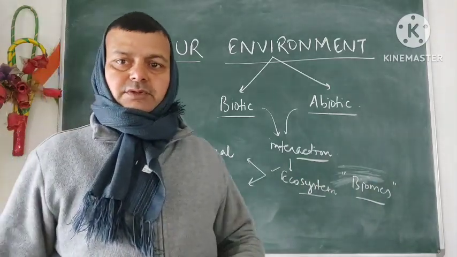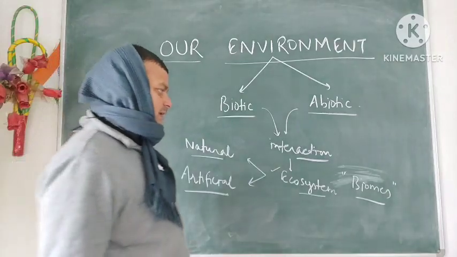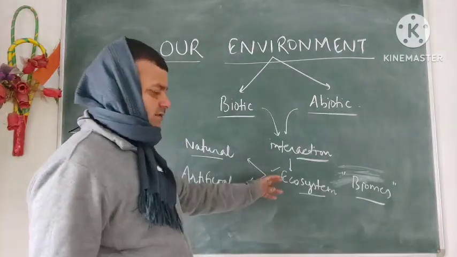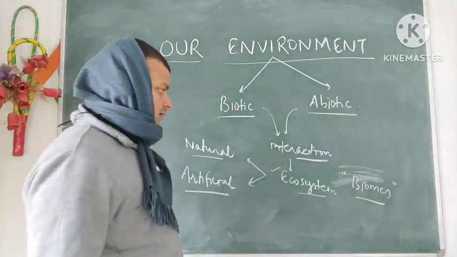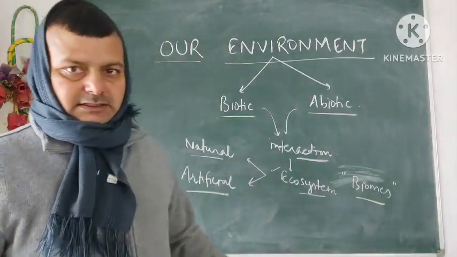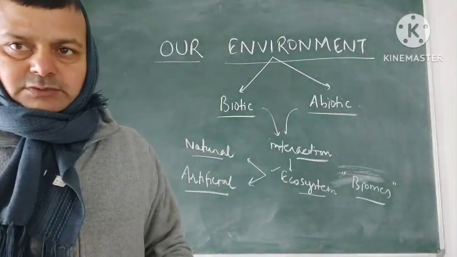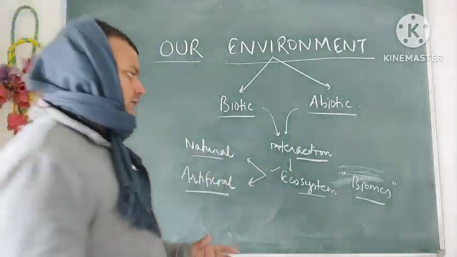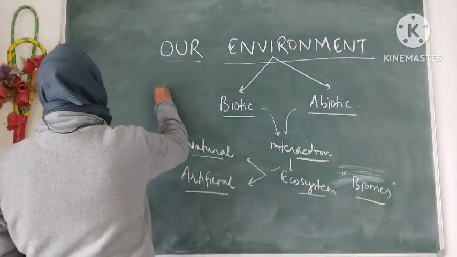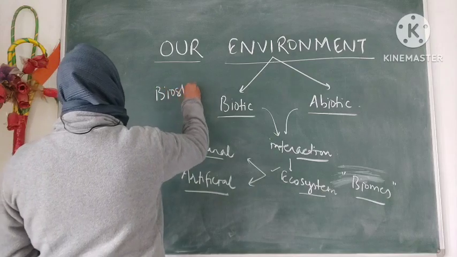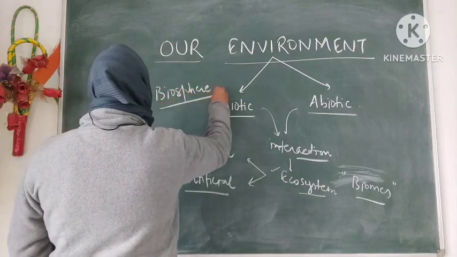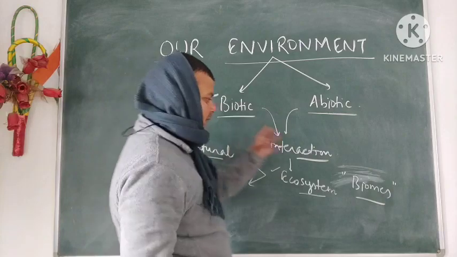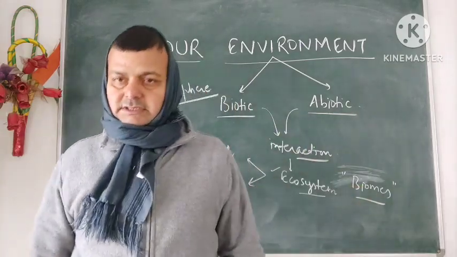These all are included in biomes, and biomes are the larger form of ecosystems. Several biomes group with each other to form a larger part of the earth where life exists, which we call the biosphere.